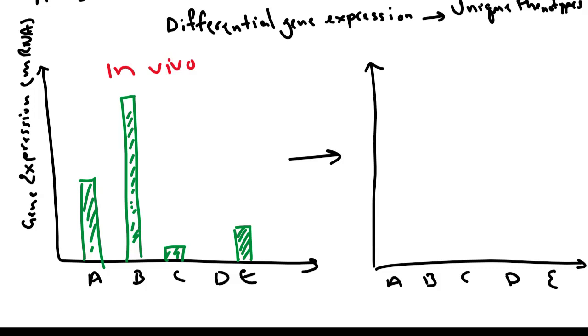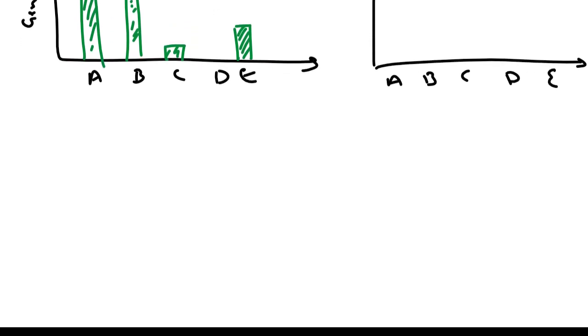They might change a little. Why? Because the expression level of certain genes is dependent on the stimulus that the cell is receiving from its environment. So let me draw this out to make it a little bit more clear.